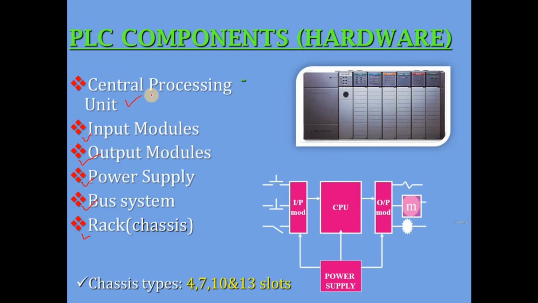Okay, in the Allen Bradley PLC, in the CPU we can perform a variety of operations like counting operation, timing operation, sequential operation, arithmetic operation, and logical operations. Logical means what?